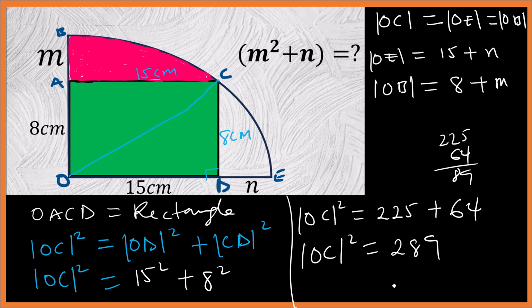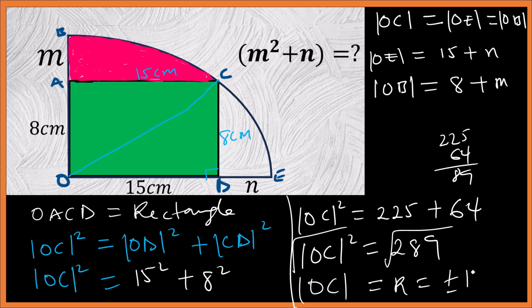Okay, now how do we find OC? We have no option but to take the square root on both sides. So if I do that, my OC length, that's the radius, is plus or minus 17.